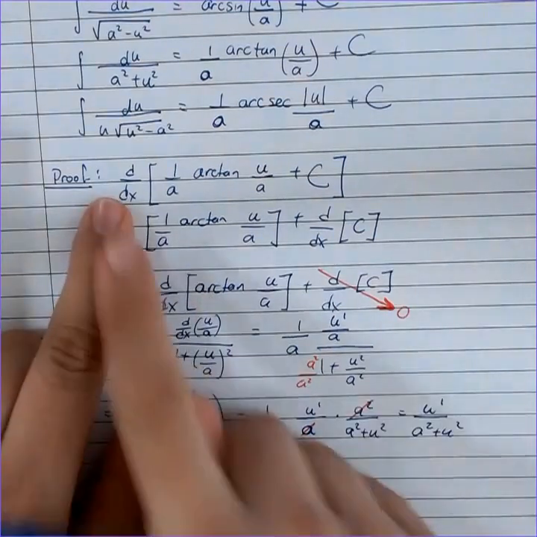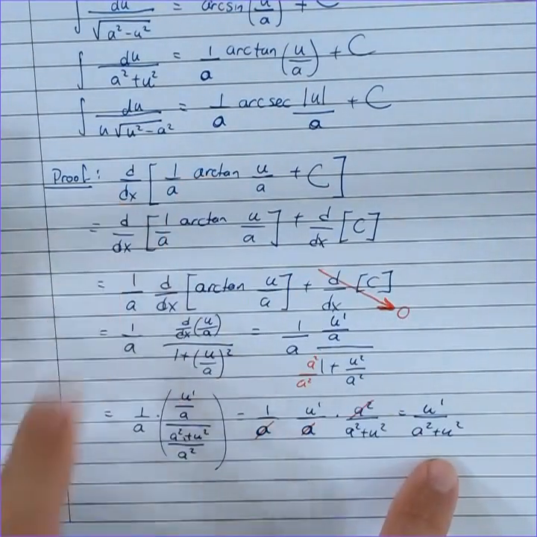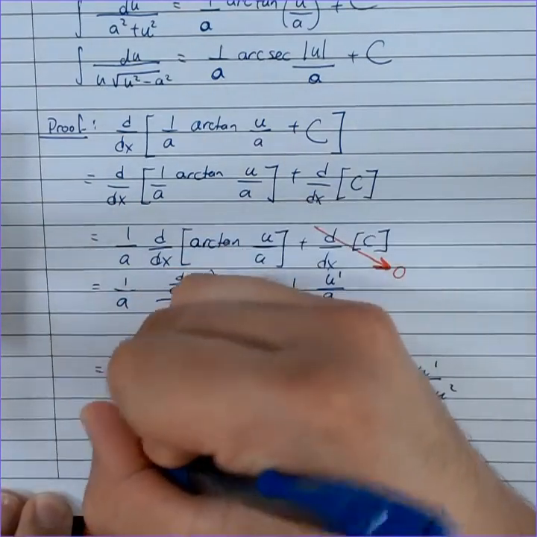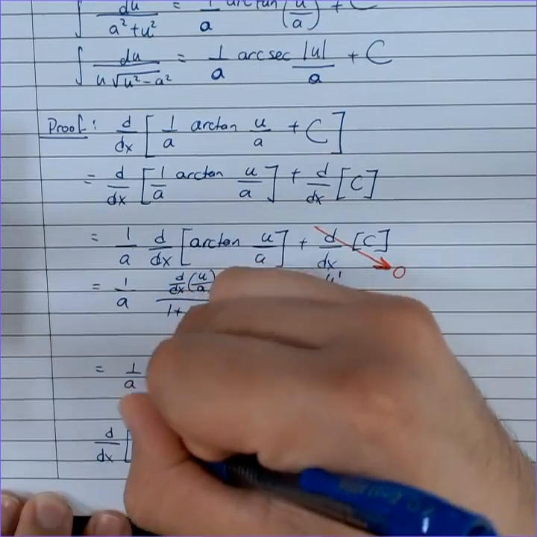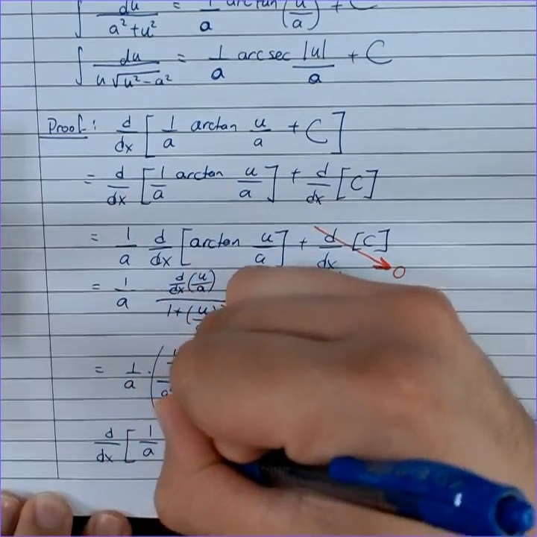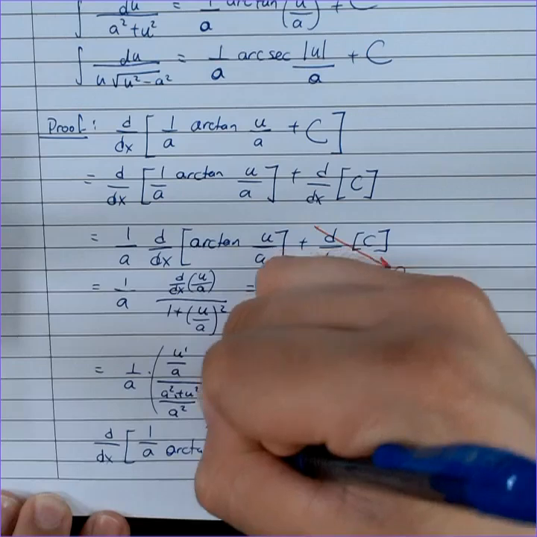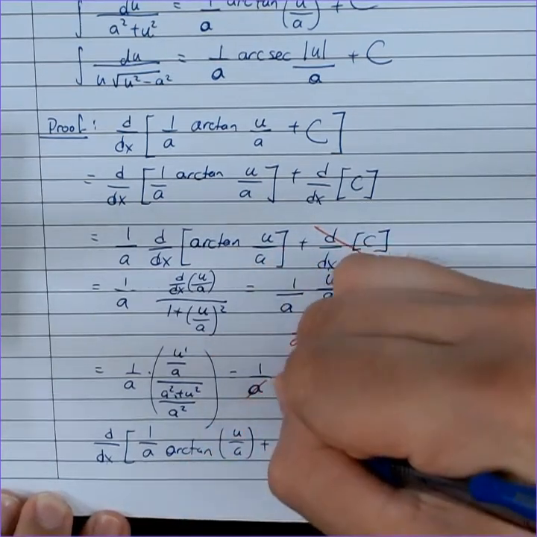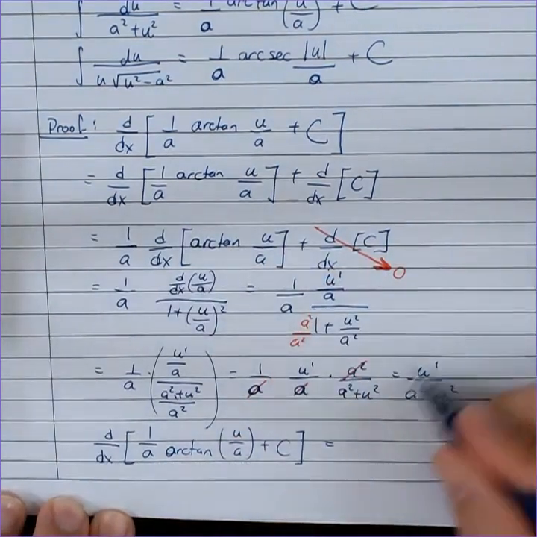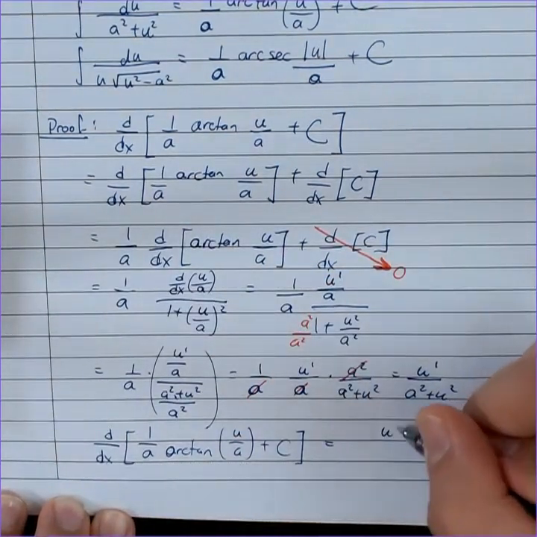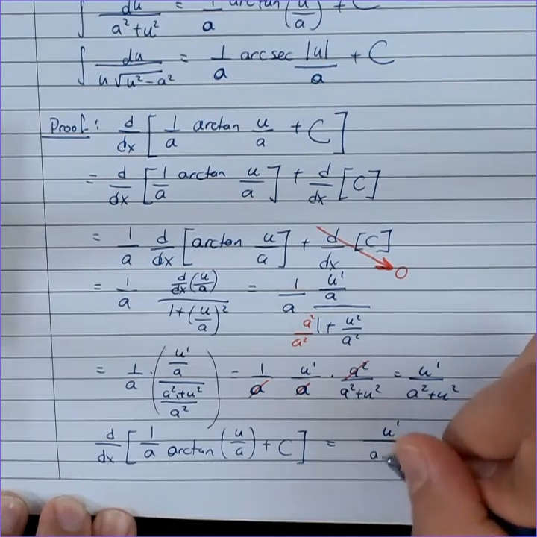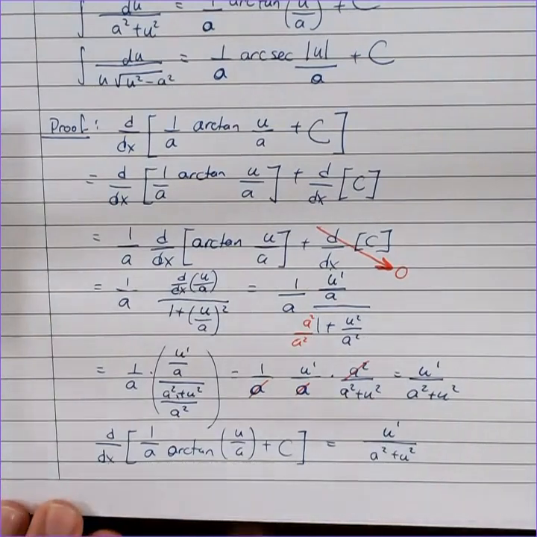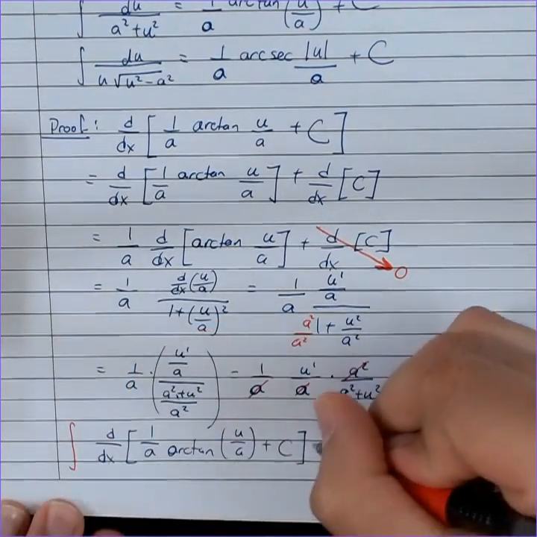So the derivative of all of this is equal to that right there. So dx of 1 over a times the arctangent of u over a plus some constant is equal to u prime over a squared plus u squared.